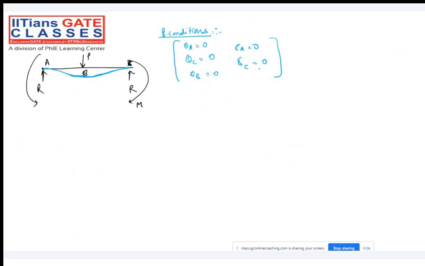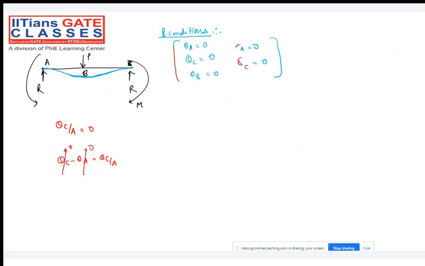By looking at this figure of curvature, what is theta C with respect to A? That is going to be 0. Everyone agree with me? Theta C with respect to A has to be 0, because theta C minus theta A is 0: theta A is 0 and theta C is 0 because of the fixed support.